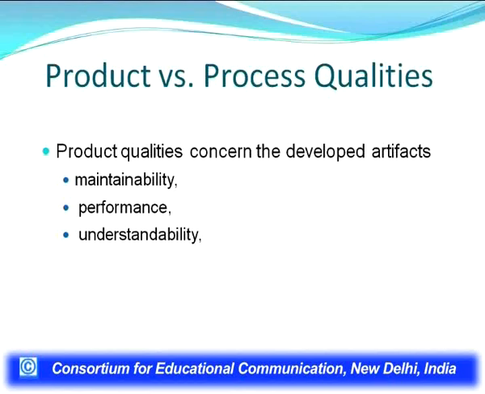Take a very simple example, if somebody buys a software in an organization, there may be a software engineer or a technical person who is able to understand and maintain some things.